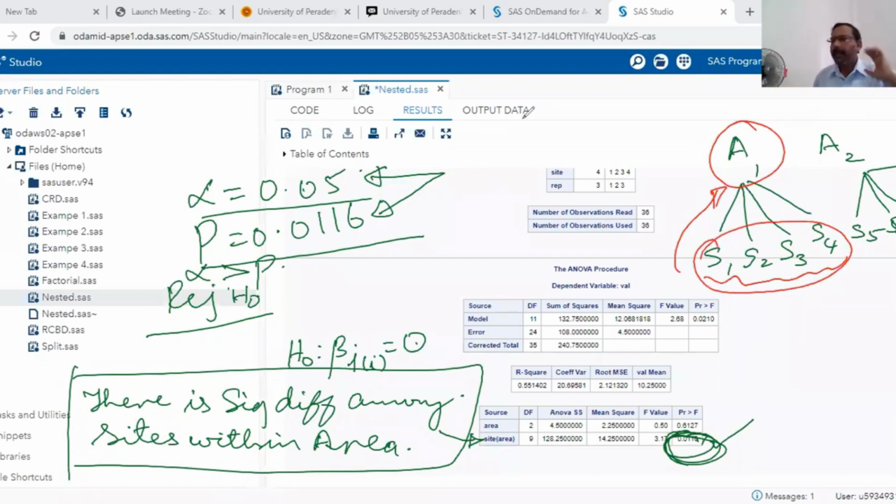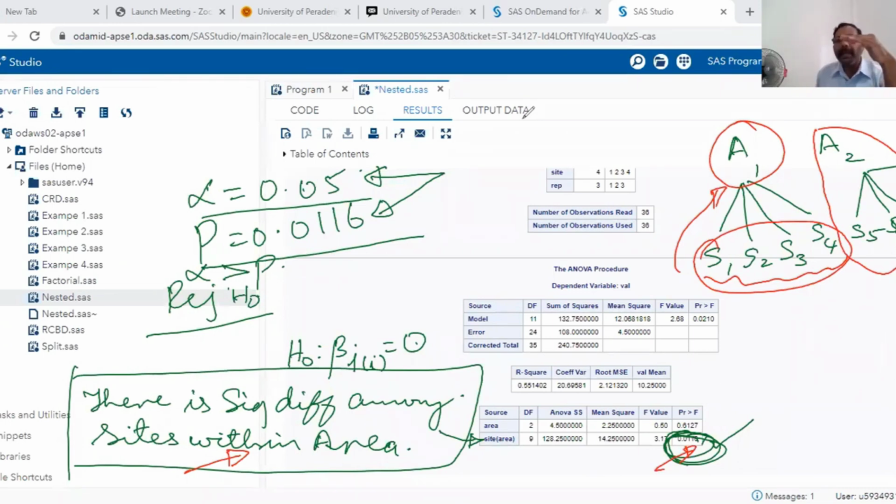That's all. Within A2, I can test whether there's a difference between S5, S6, S7, S8. That is how we do it. That is how I explain here. So within the area, we are looking whether there's a difference among the sites. So this result says there's a significant difference among the sites within the area.